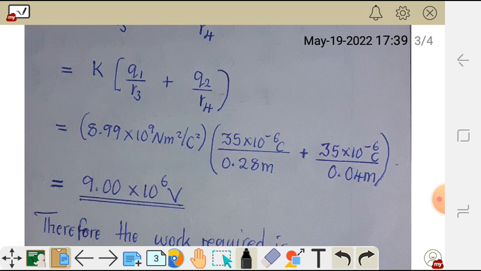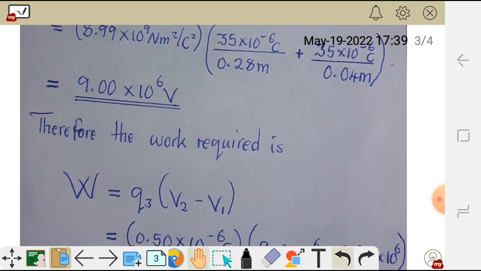Having found V1 and V2, the work done in moving the charge is given by the formula: the charge Q3 multiplied by V2 minus V1.